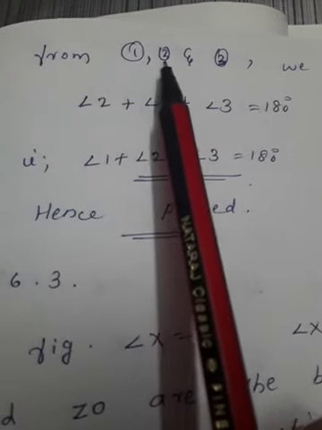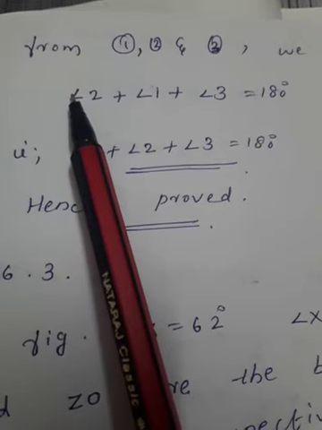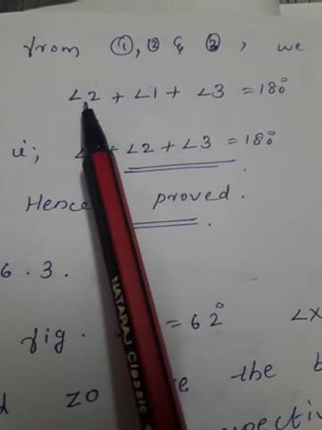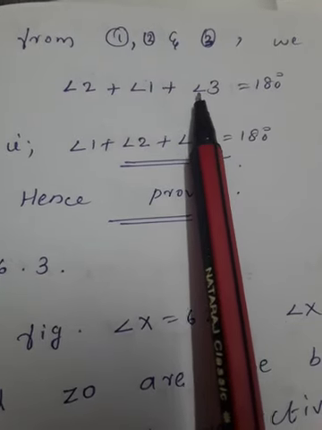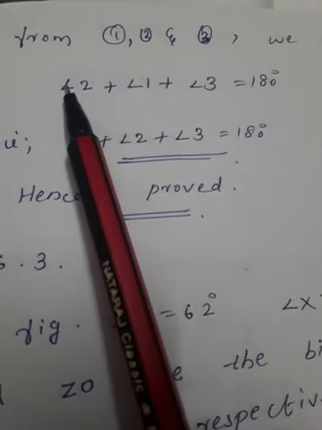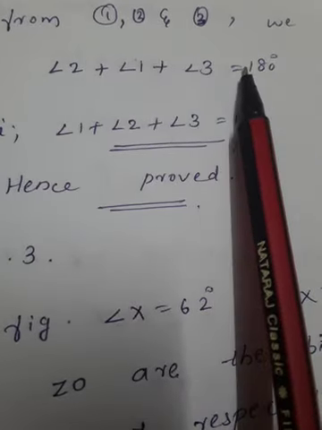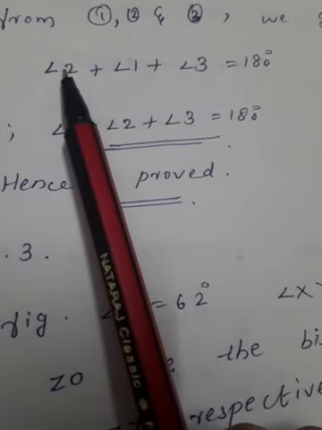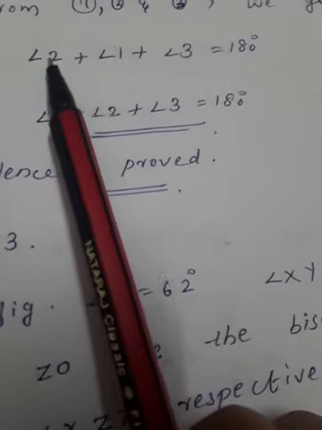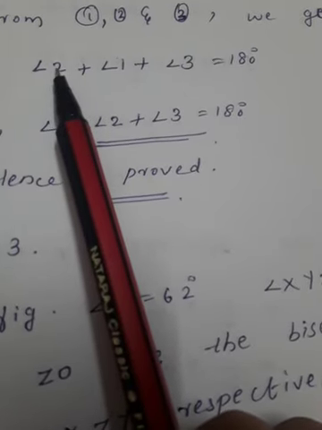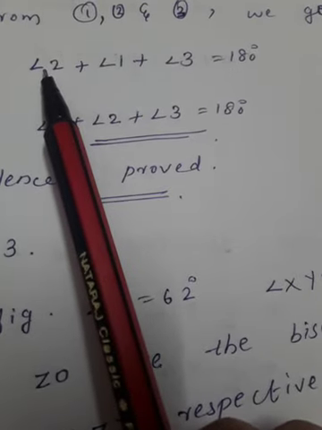So from equations 1, 2 and 3, what do we get? Angle 4 and angle 2 are equal, so we can rewrite 4 as 2. Then angle 3 and angle 5 are equal, so we can write 5 as 3. So we get the equation as angle 2 plus angle 1 plus angle 3 equals 180 degrees. Angle 2 and angle 4 are equal because of alternate interior angles, so we can rewrite equation 3 with angle 4 changed to angle 2.